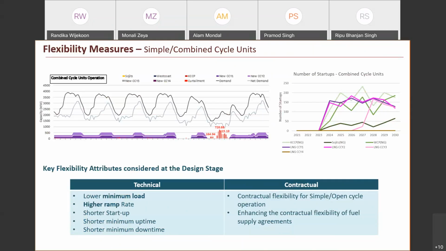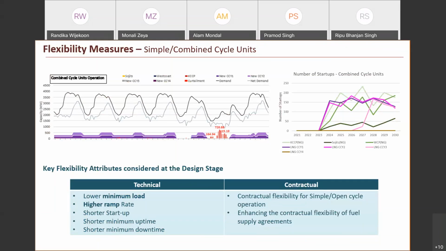Given these trends, we are very much concerned about the technical parameters of these units. I mean, we are concerned to ensure that this performance is there by the design itself. That's the best way to proceed rather than having to retrofit them later, because that will be costly.